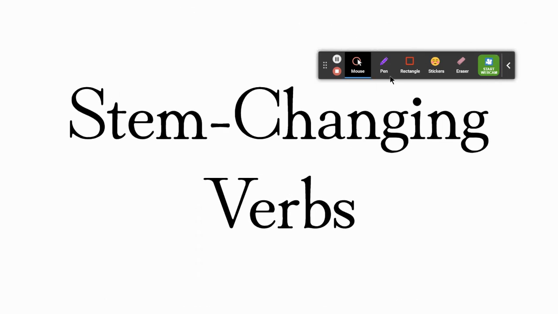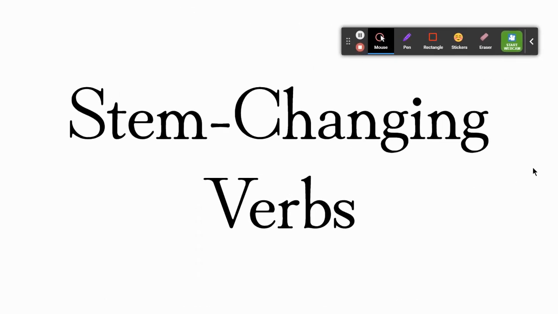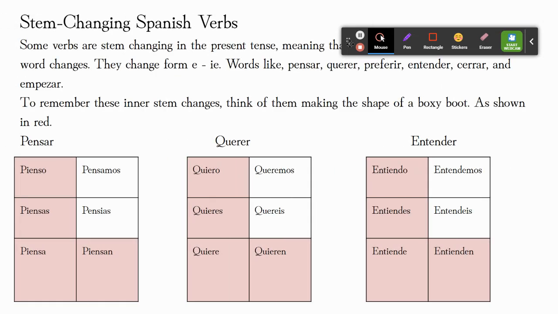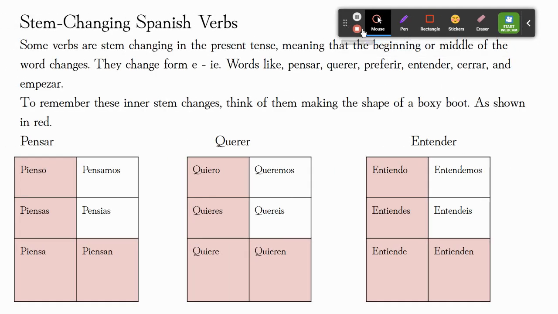And next we have the stem changing verbs, which I believe are the last ones. Stem changing verbs are verbs where the middle letter changes, like pensar, querer, preferir, entender, cerrar, and empezar. That middle stem is what will be changing, usually from an E to an IE. Our examples here are pensar, querer, and entender, which we've seen as an ER example.